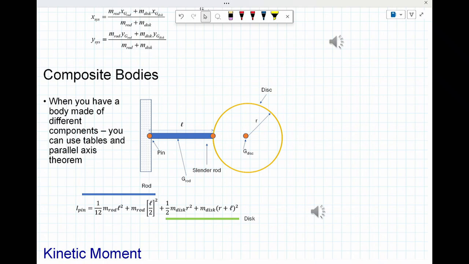Beyond that, you have the disk. And the disk is 1/2 mass of the disk, r squared, plus mass of the disk times r plus L to the pin, and that quantity squared. These are not hard. Once you do them a couple times, it'll be very clear what you're doing.